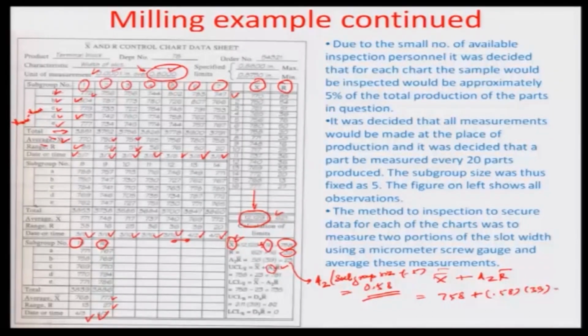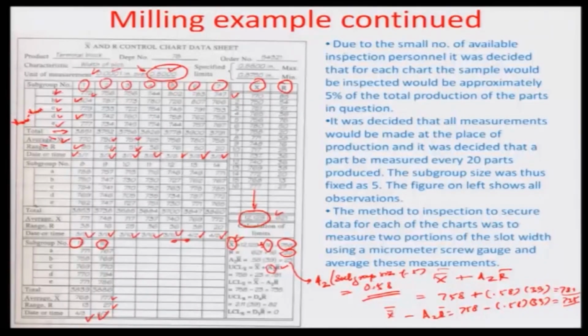So, this comes out to be 781, and the lower limit of the x chart is x double bar minus A2 r bar, which is 758 minus 0.58 times 39, which is equal to 735. So, that is how you find the upper and the lower control limits in this particular case. So, that is the modalities part.